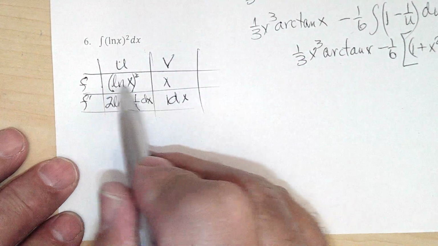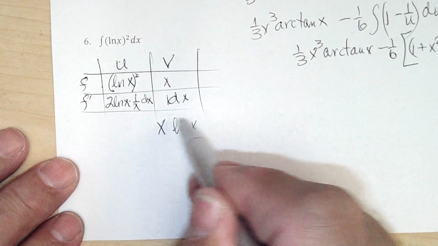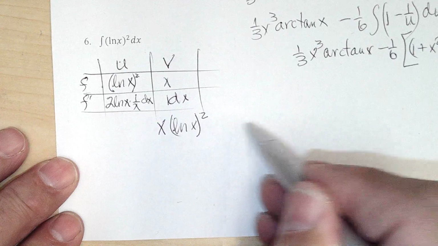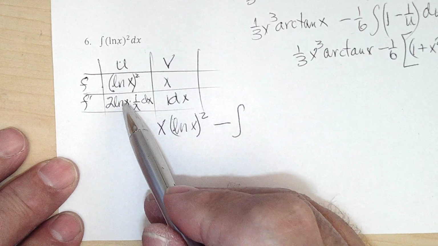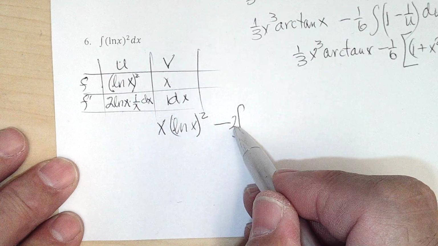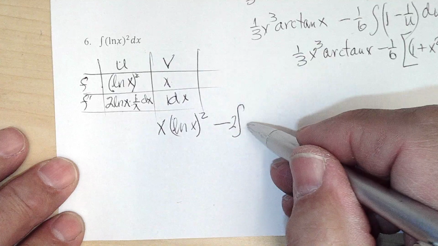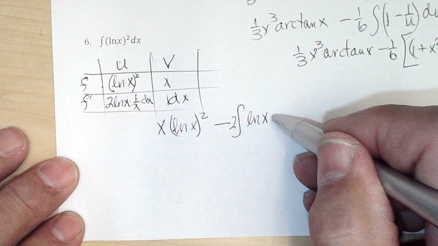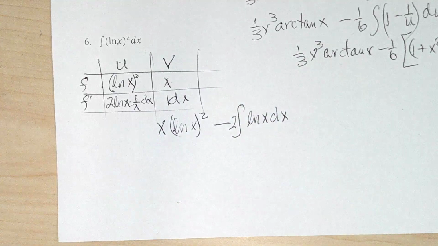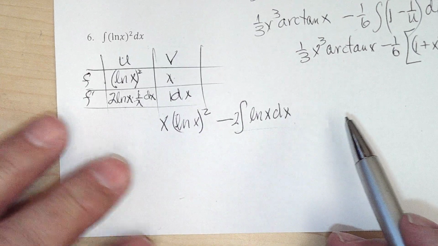So this becomes uv, x ln of x squared, minus the integral of these two multiplied. The 2 would come out. The 1 over x times x would cancel, and I get ln x dx. And we did this one by integration by parts.